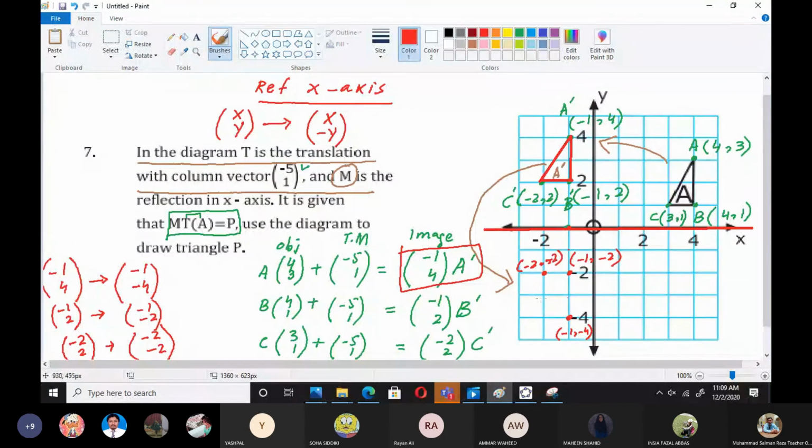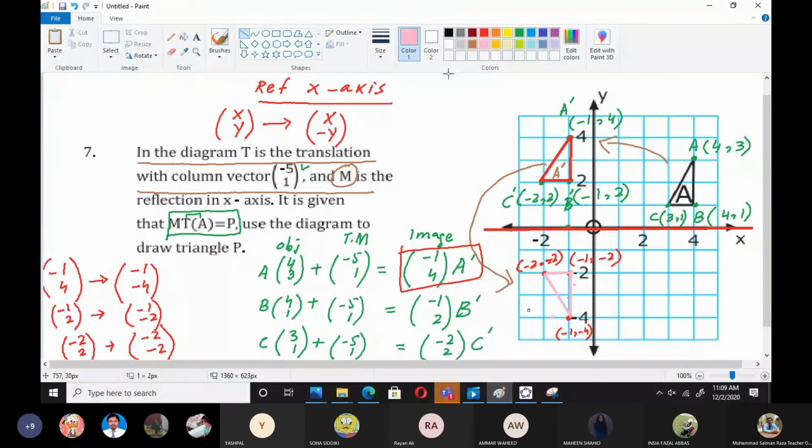And what I'm going to do, taking a decent color and a straight line, is join them over here. Like this, and then here, like this, and over here.